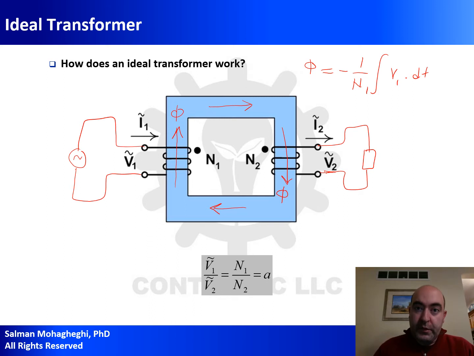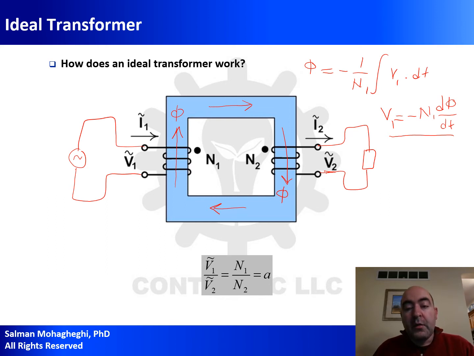If I take a derivative of both sides, what I will get is V1 is going to be negative N1 times the derivative of flux with respect to time. This is the same equation as we saw on the previous slide. Remember this, so this is going to be the voltage for the primary winding.